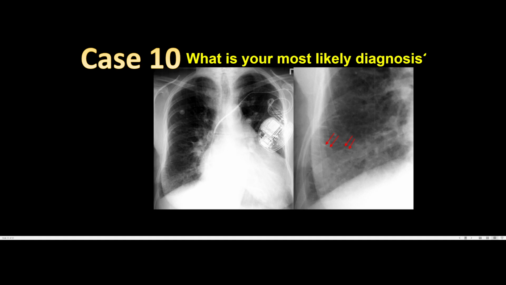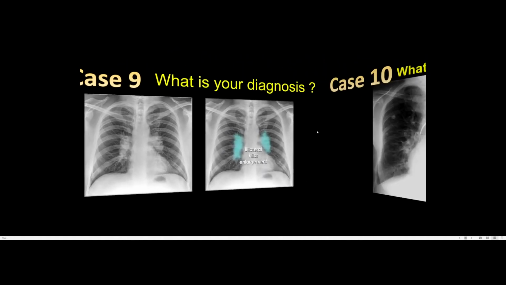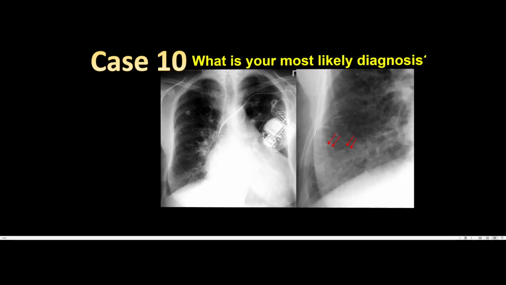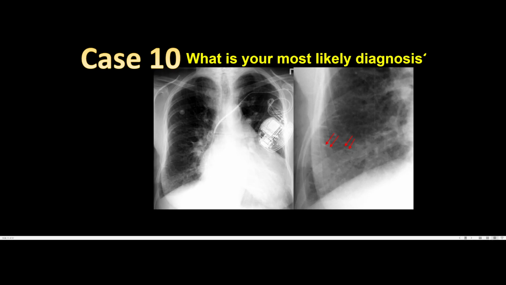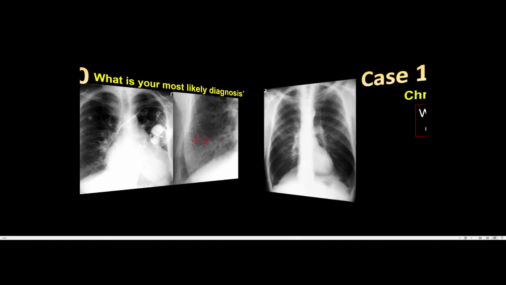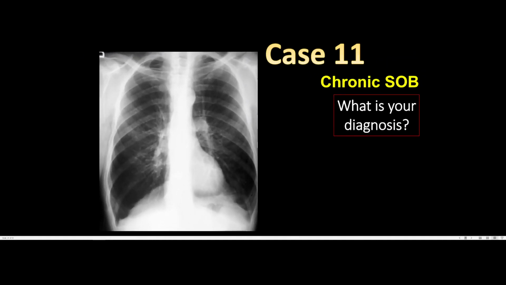It could be the use of amiodarone since this patient has a cardiac condition. All right? So that is our differential diagnosis. If I had to choose between the two, I would choose the amiodarone, but again, we need the patient's history. All right? That's pretty much it for case number 10. We will look at the upcoming cases in the next video.